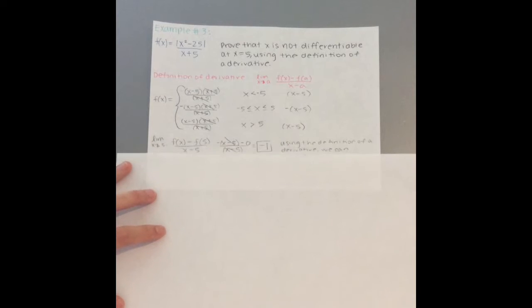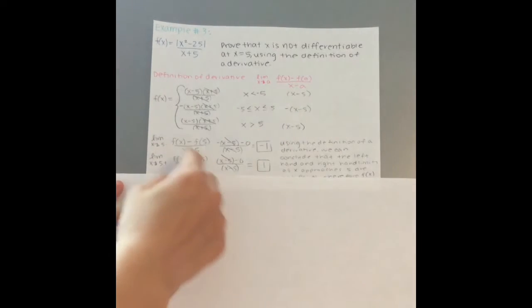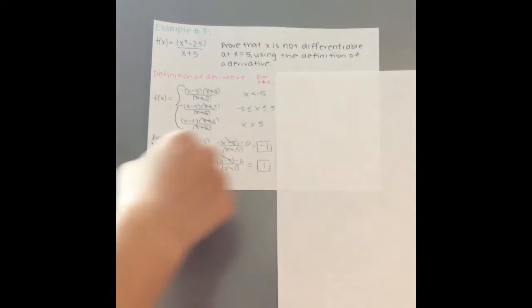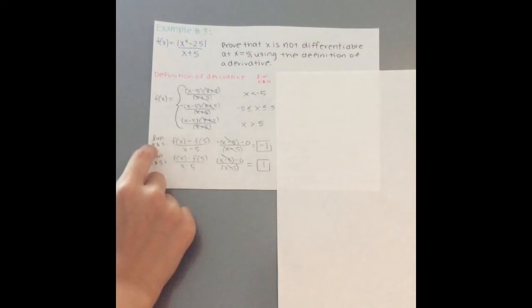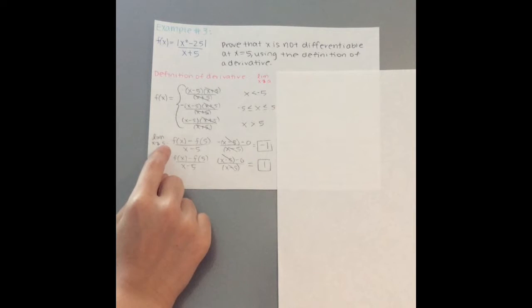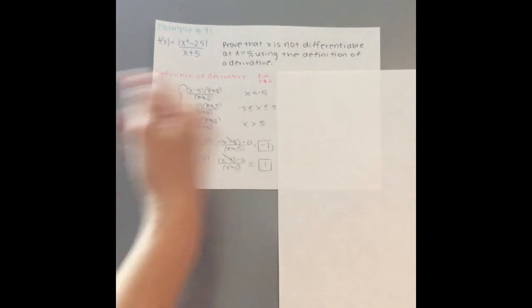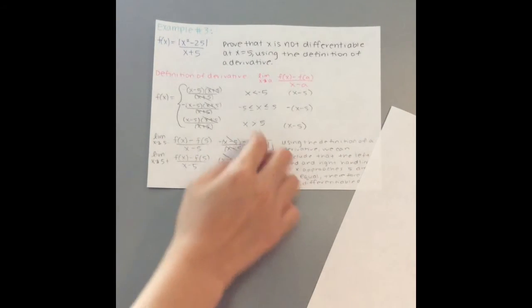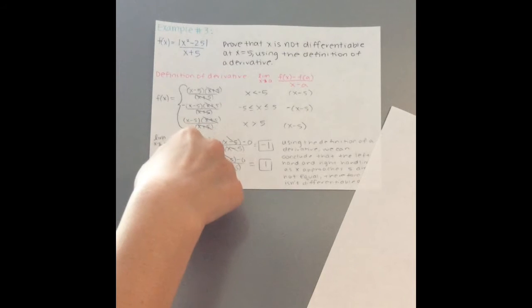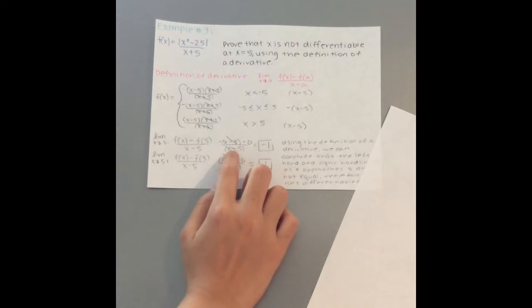After you've changed it to a piecewise function, you can use the definition of a derivative: (f of x minus f of 5) over (x minus 5). As the limit approaches 5 from the left side, you get negative (x - 5) minus 0, which is what f of x equals when x is below 5, over (x - 5).